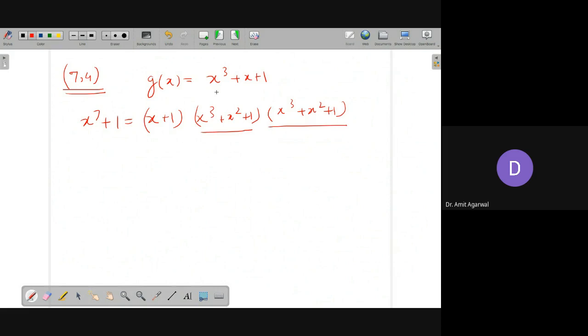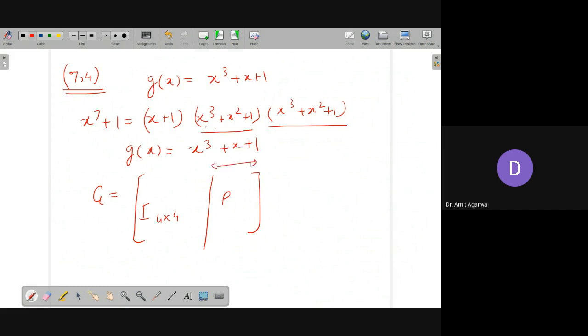So let's use this as a generator polynomial and try to find the corresponding generator matrix. The generator matrix will have this form: a 4 by 4 identity matrix and a parity matrix, right? The dimension of the parity matrix is k cross n minus k, 4 cross 3.